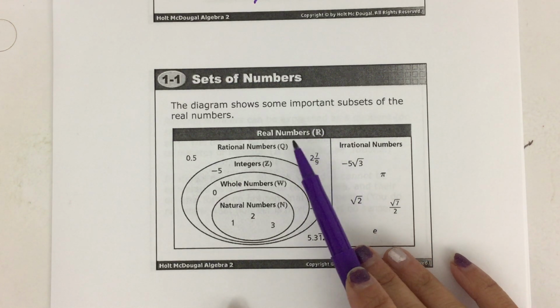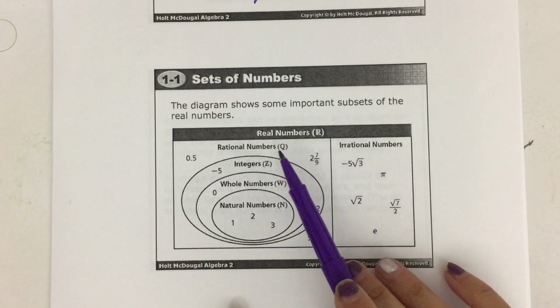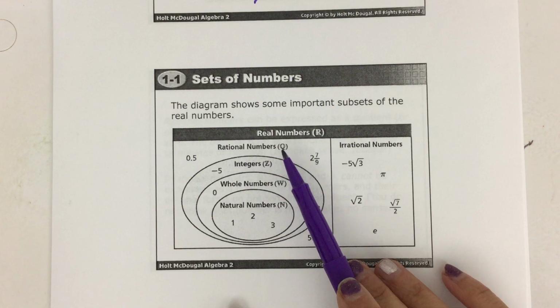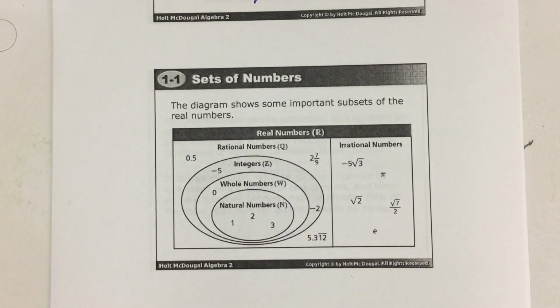Every real number is either rational or irrational. Rational has a shorthand way of writing it, the letter Q. Irrational has no shorthand; you have to write the whole word out. Every real number has to be one or the other. To determine which one it is, I like to think about conversations you have with people.